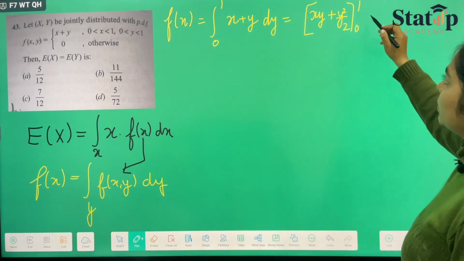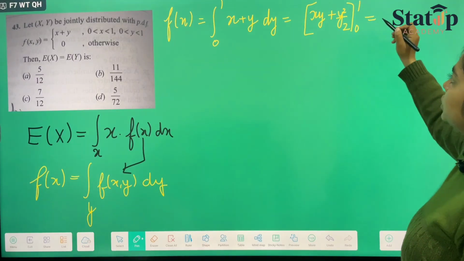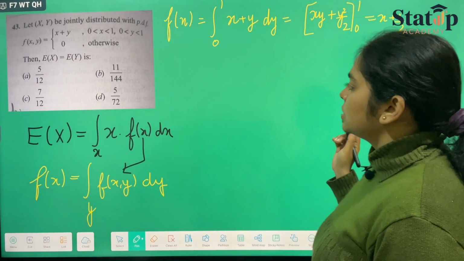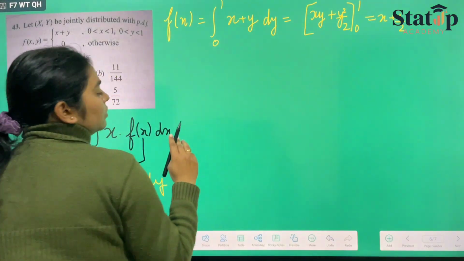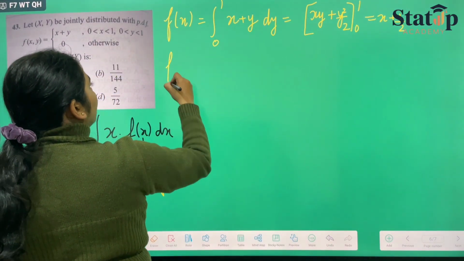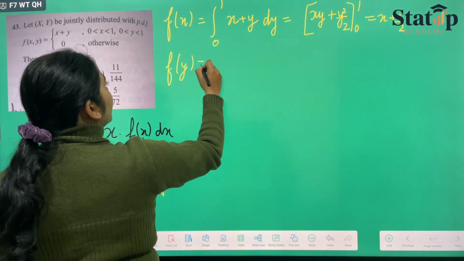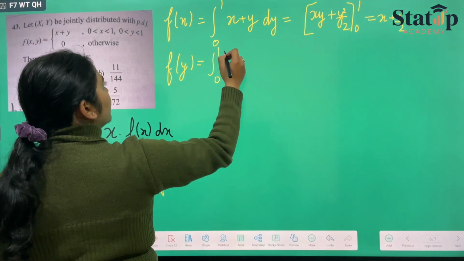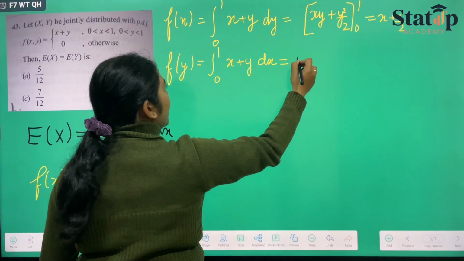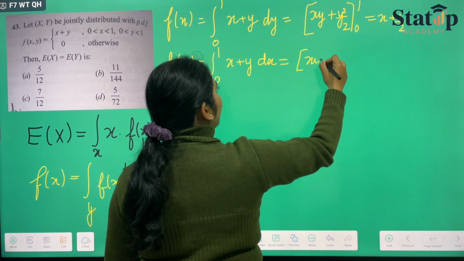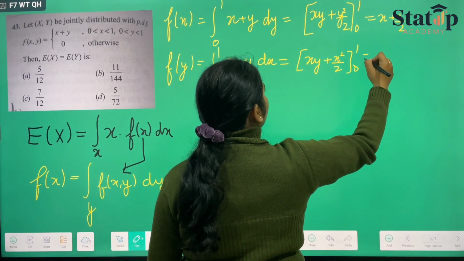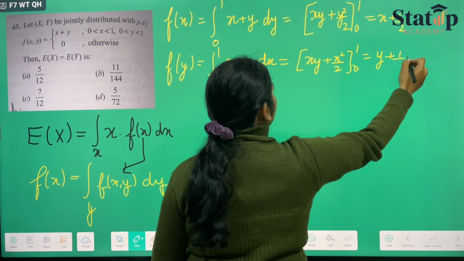If we put the limits, we'll get x plus 1 by 2. This is the marginal function for x. Similarly, if we have to calculate the marginal function of y, it will be carried out the same way, but here we'll integrate with respect to x, and it will be xy plus x square by 2 from 0 to 1, which is y plus half.